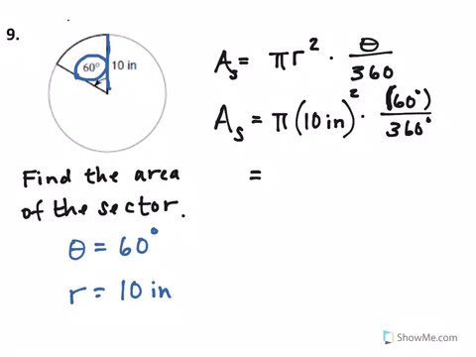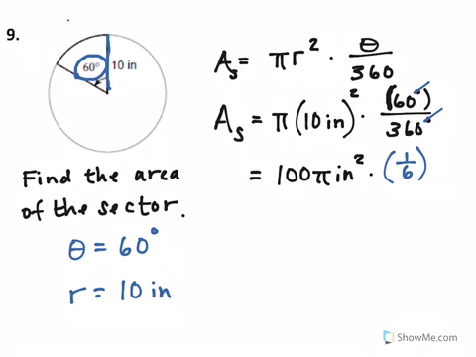10 inches squared becomes 100 inches squared, or 100 pi inches squared, times 60 divided by 360. Degrees divided by degrees cancels, so we cancel out the units of the degrees, and then 60 divided by 360 is equal to 1/6.